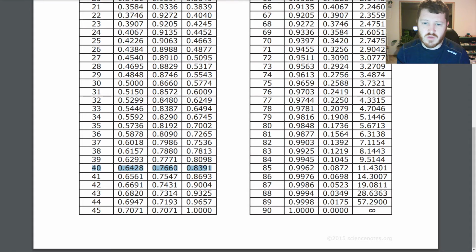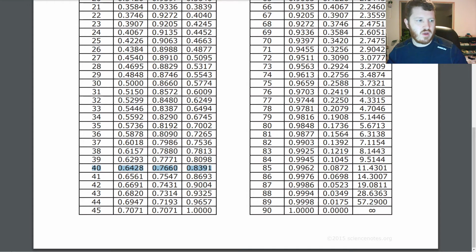We found this one to be 40 degrees. But if we're looking for this angle, the opposite is now 35 and the adjacent is 29. So it's not 0.8 anymore, but 35 divided by 29, and that is 1.2. So now the tangent of the angle is 1.2.